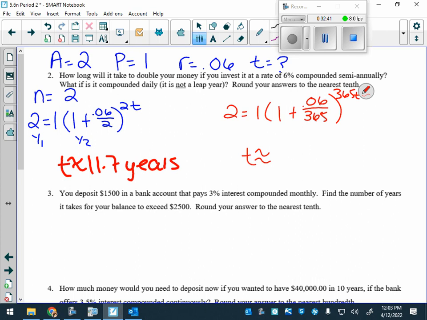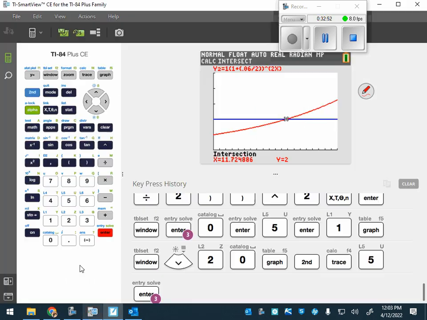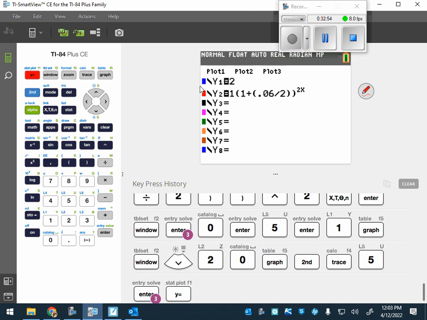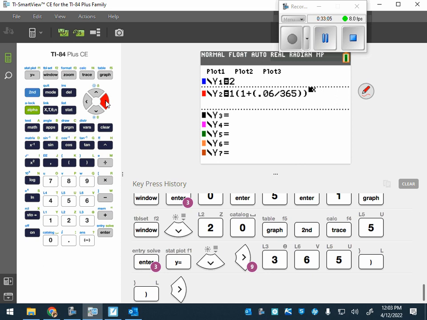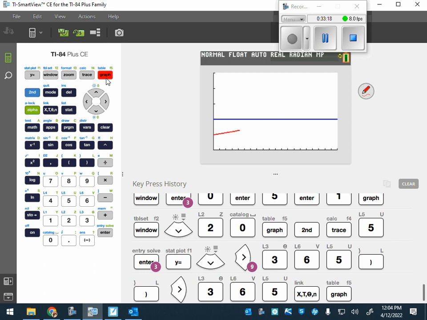So let's go back. Let me just show you. This is what I have. I'm going to change this now to 365 and change the 2 to 365x. In the graph. Okay.